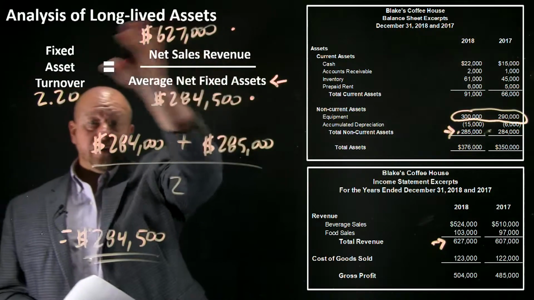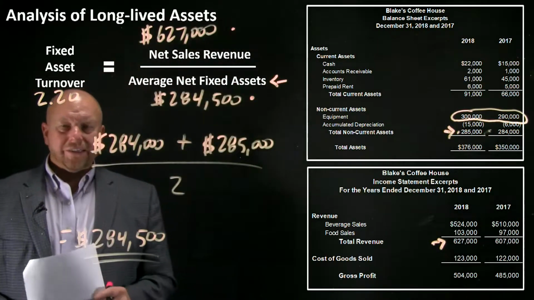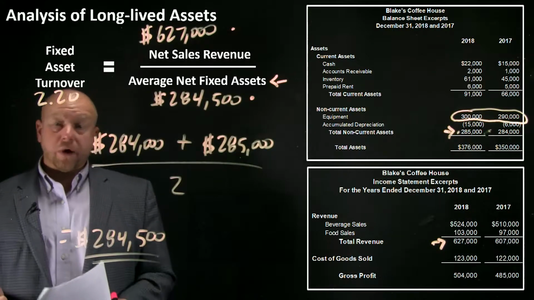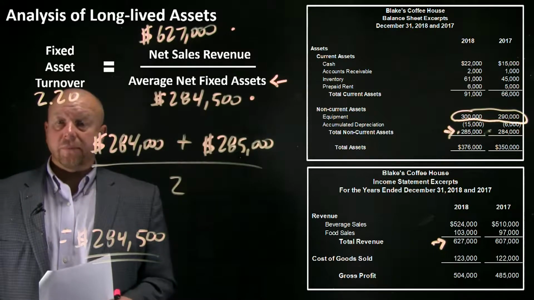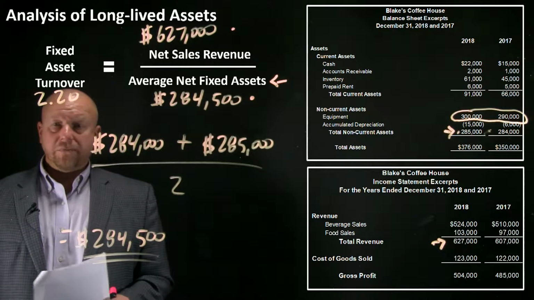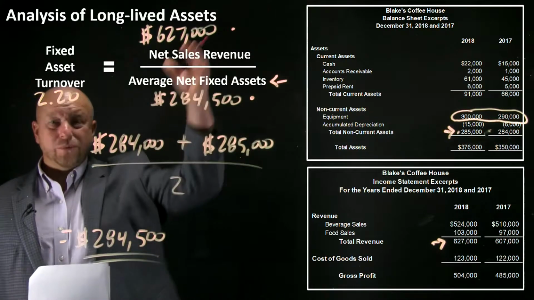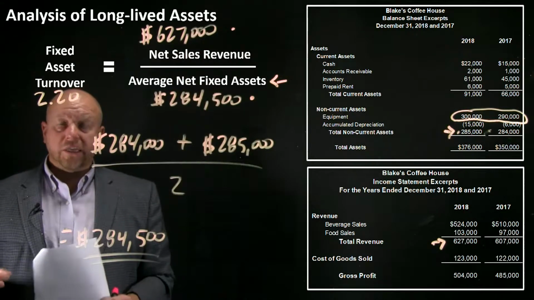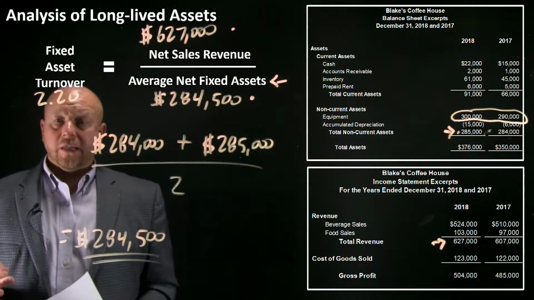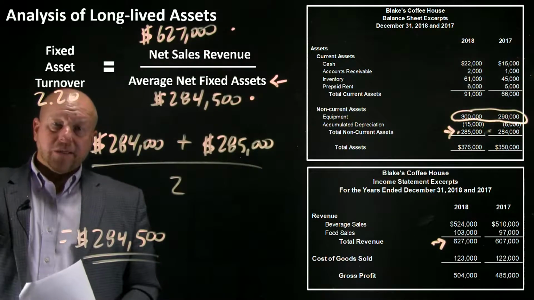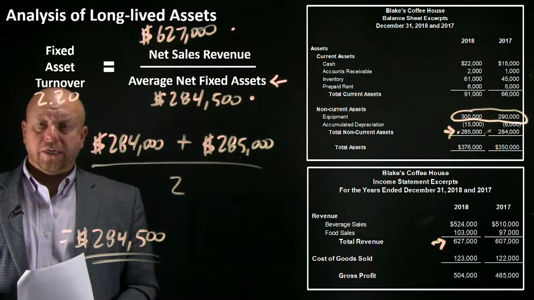Notice here that this fixed asset turnover ratio does not do anything to measure gross profit, operating income, net income, or anything that measures profitability. It simply has sales revenue, which, as you know, at this stage of the game, is only one element of the profit equation. Sales minus expenses equal net income.